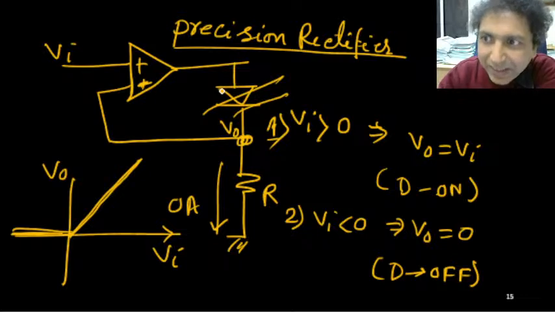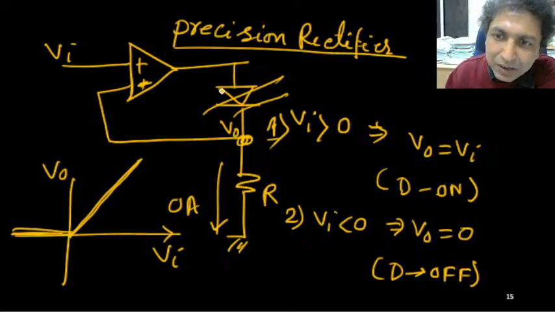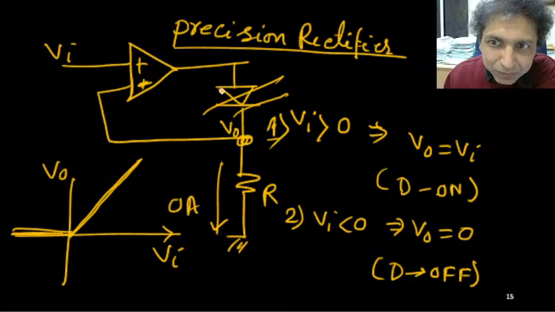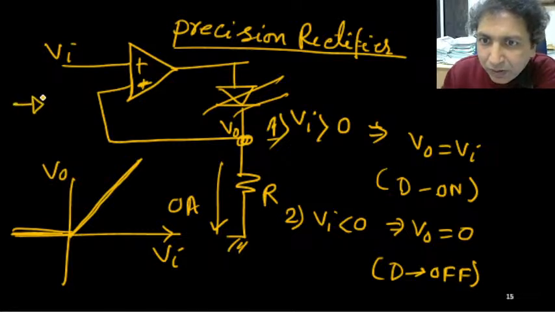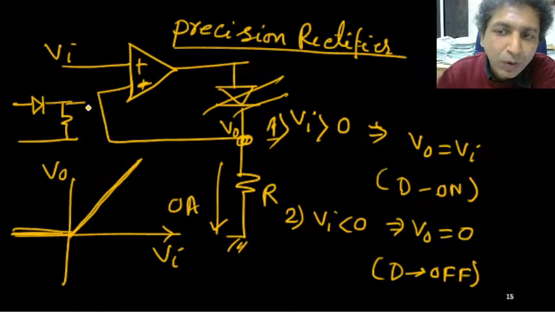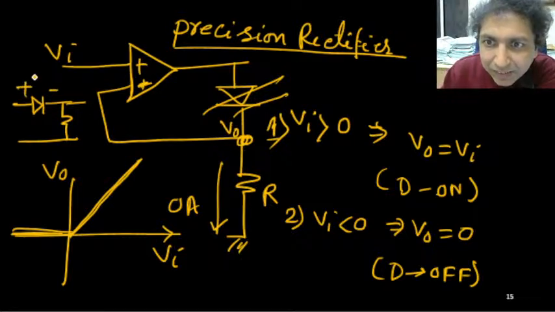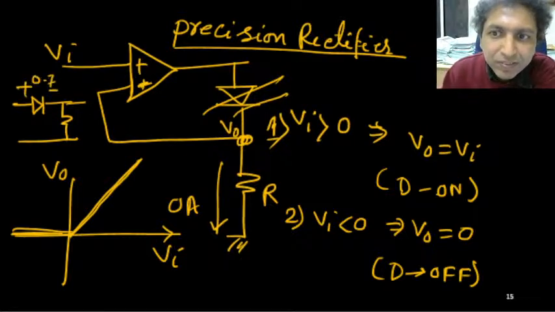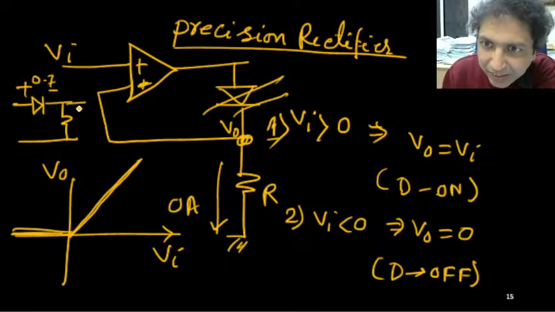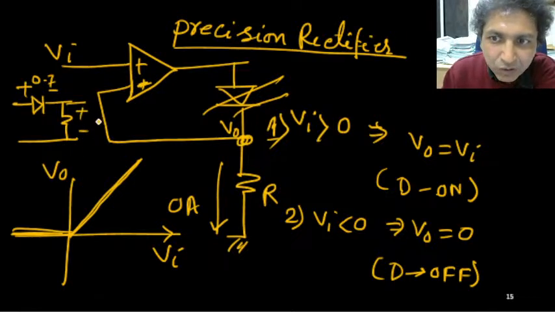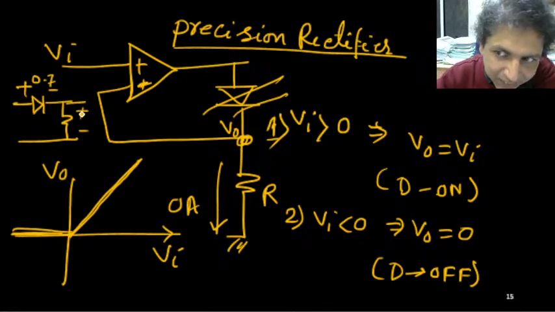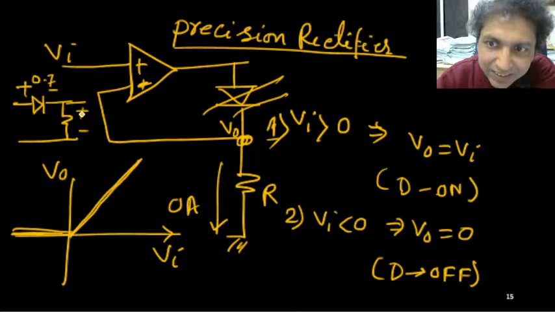But you can see that if I consider some practical diode, like this is one practical diode and then one resistance, it is also one rectifier, but this potential 0.7 volt is lost. So the rest will be available here. So this voltage will be Vi minus 0.7. Okay, that is the difference.